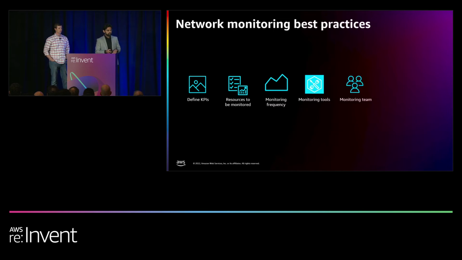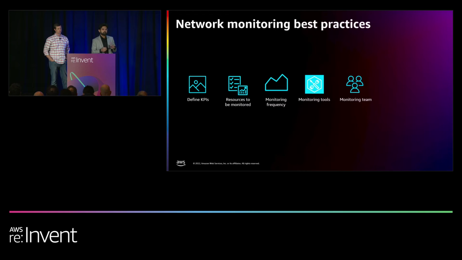It's also important to have a monitoring team. It can be the application team who's managing the network, or it can be a separate network operations team or a network performance team who can monitor the resources.